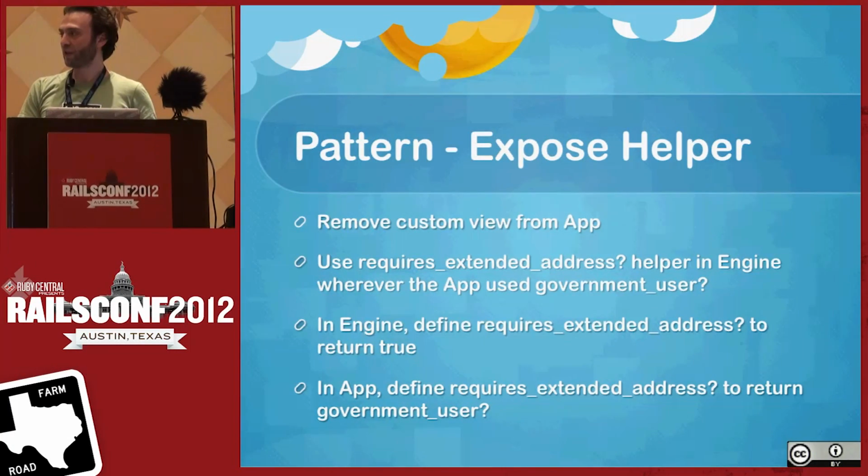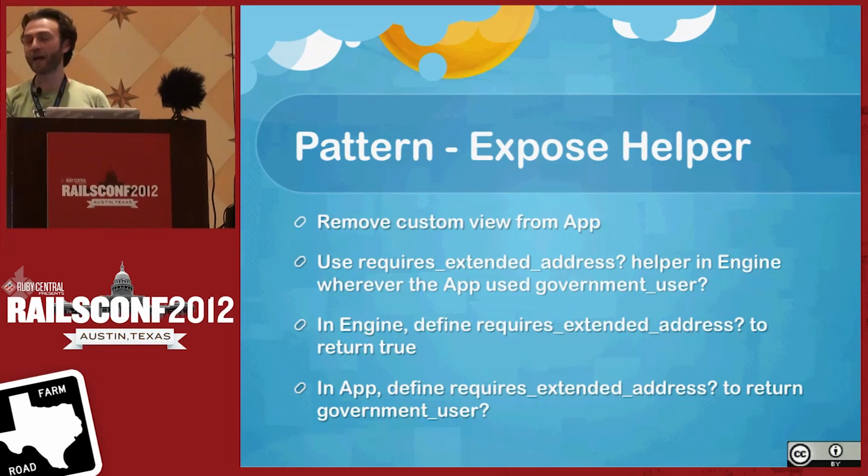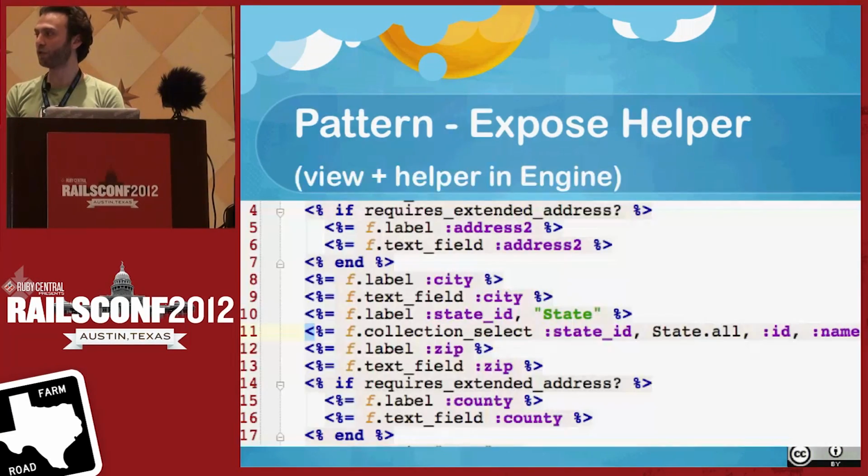So how do we solve that problem of duplication? Remove the custom view from the app, add a general requires_extended_address helper in the engine, define requires_extended_address in the engine to always return true, and then in that one app, have it return government_user.